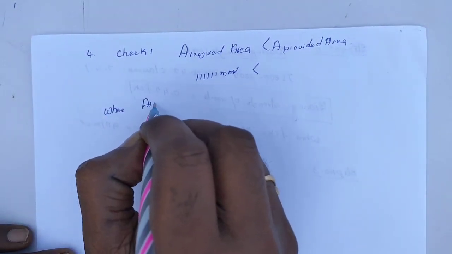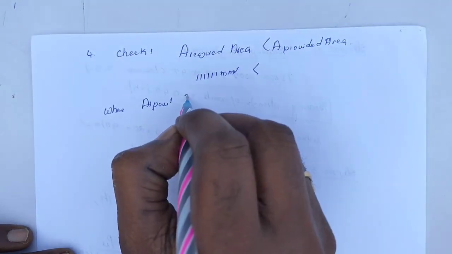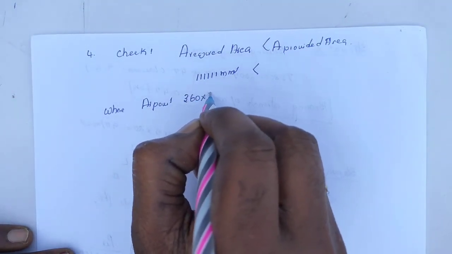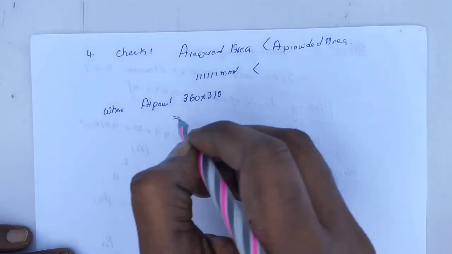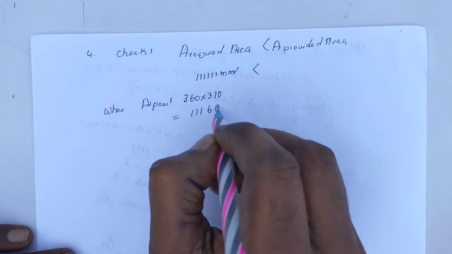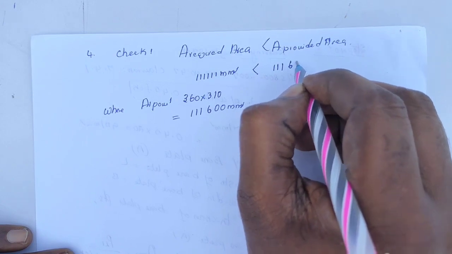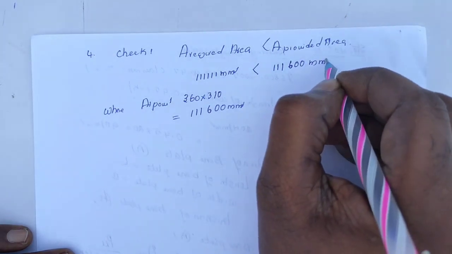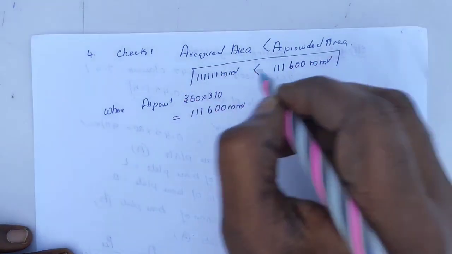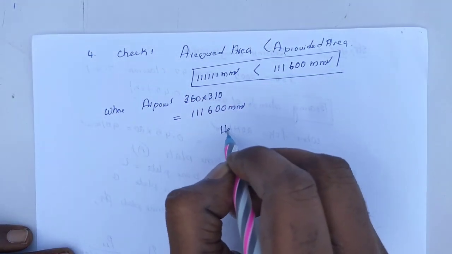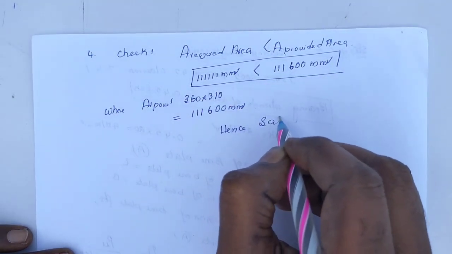A provided is equal to 360 multiplied by 310, which is equal to 111600 mm square. Therefore, hence safe.